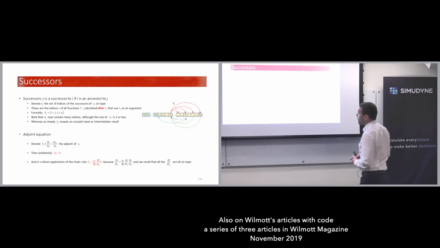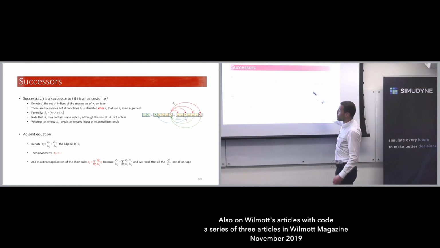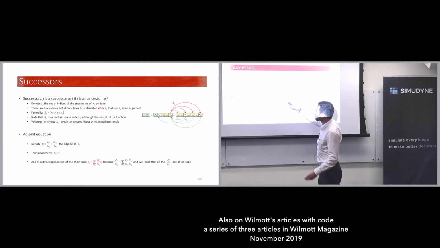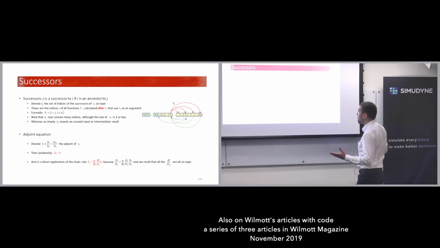Note that S may contain many indices, that any node can have an unlimited number of successors, maybe thousands, maybe millions of successors, although every node can have only 0, 1, or 2, certainly 2 or less ancestors, but as many successors.